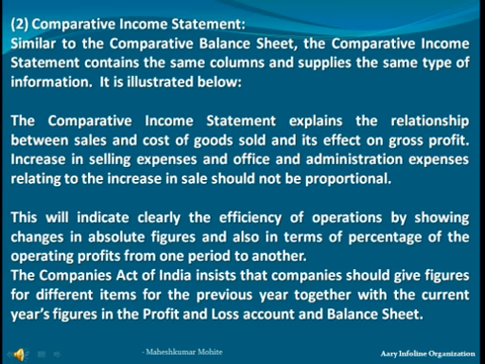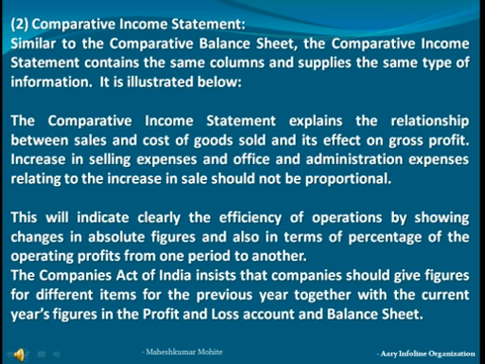Increase in selling expenses and office and administration expenses relating to the increase in sales should not be proportional. This will indicate clearly the efficiency of operations by showing changes in absolute figures and also in terms of percentage of the operating profits from one period to another.